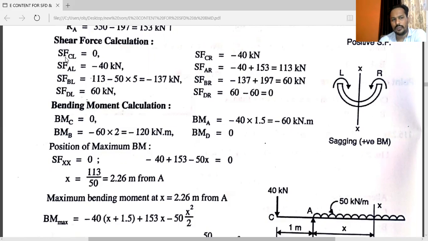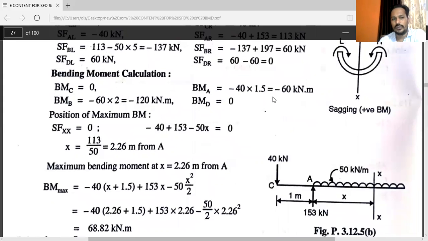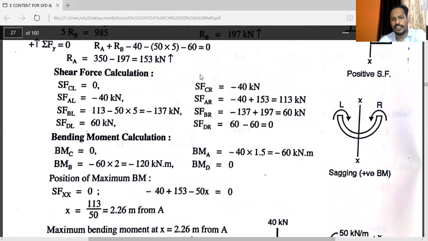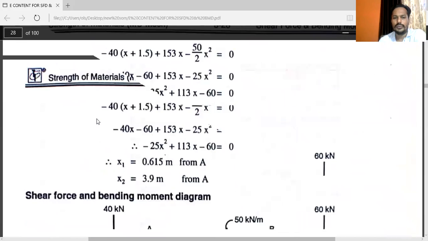You can see shear force at C just to the left is equal to 0. Shear force at point D just to the right is equal to 0. Now the next point, that is also very important, bending moment calculation. After completion of this, you can draw the diagram.